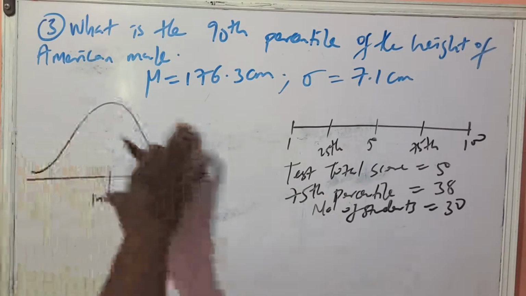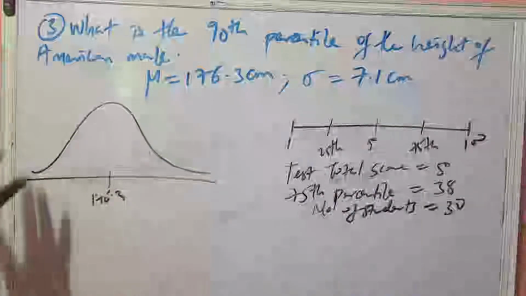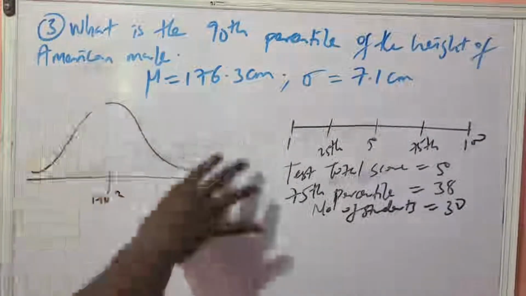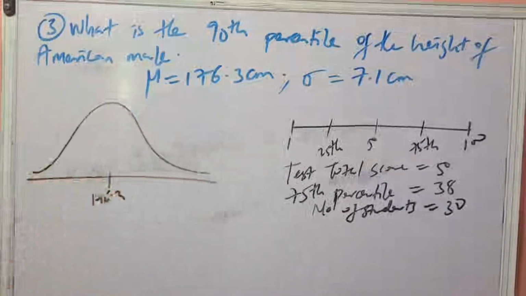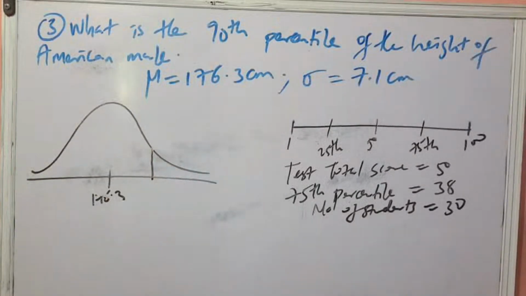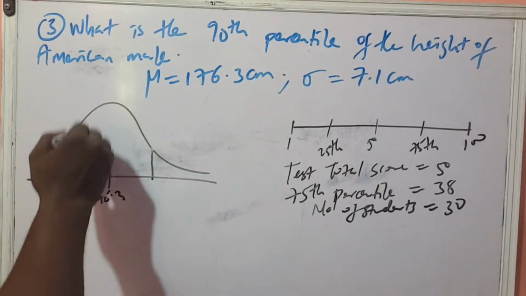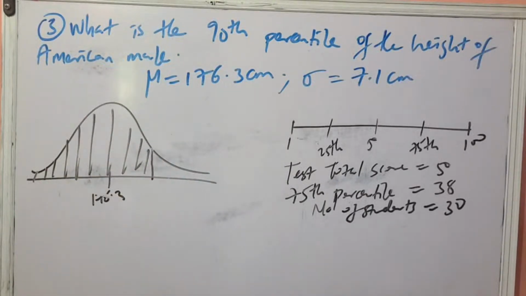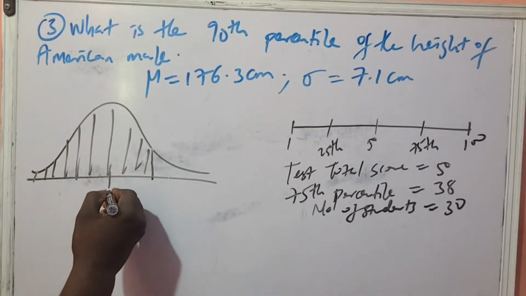So if this whole curve is 100%, representing all American males, I'm going to draw a line around here. Because if this is 100%, I can shade this whole place and say this will be at least 90%. So I'm looking for this score.